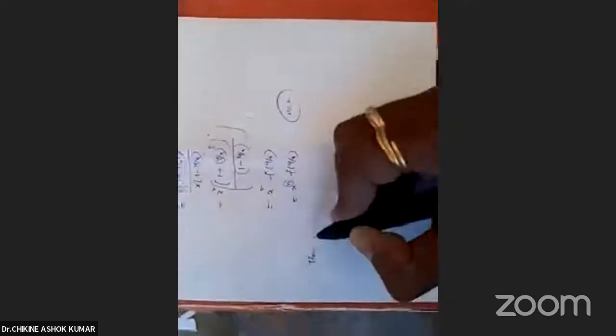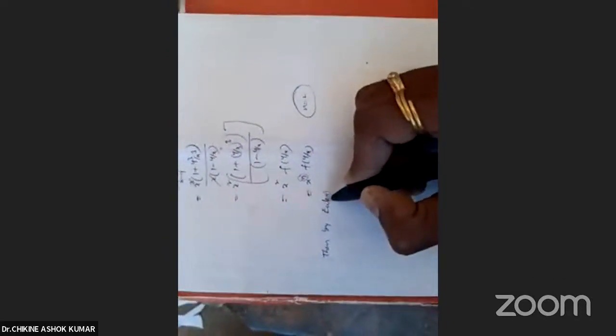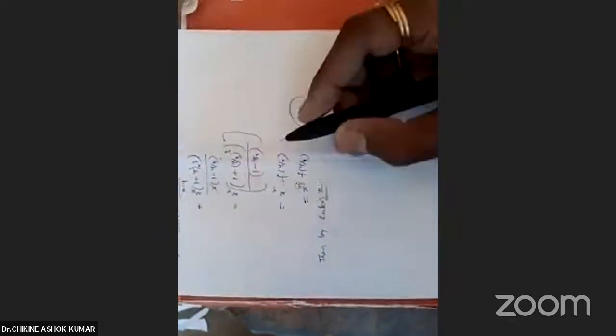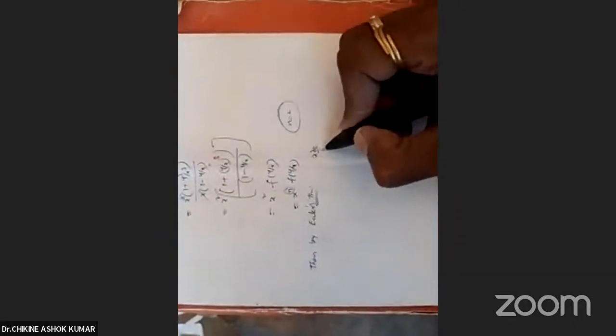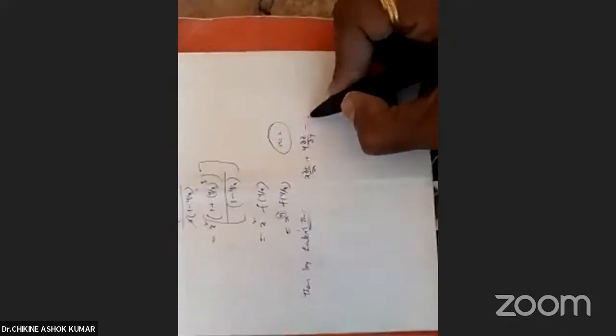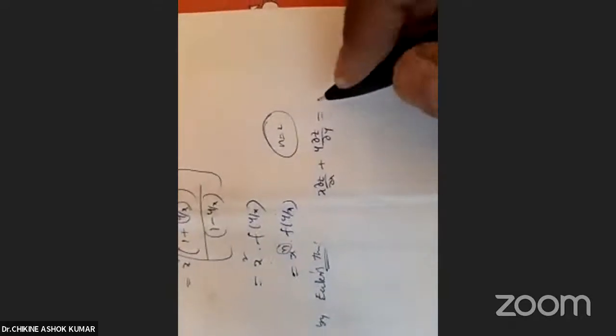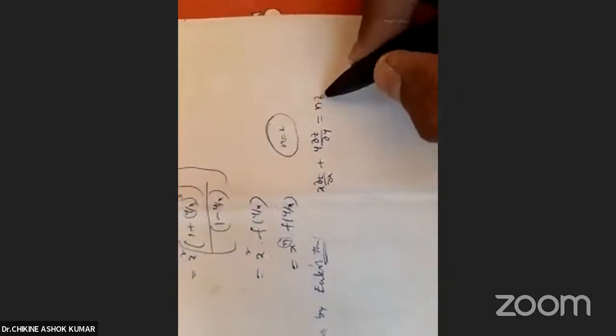Then by Euler's theorem, x dou z by dou x plus y dou z by dou y equal to nz.